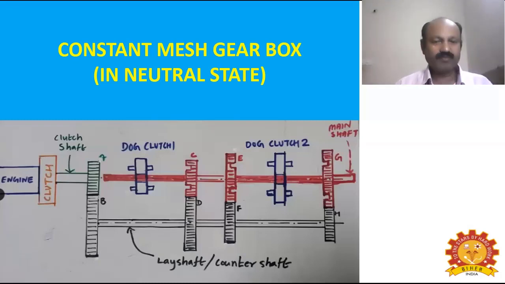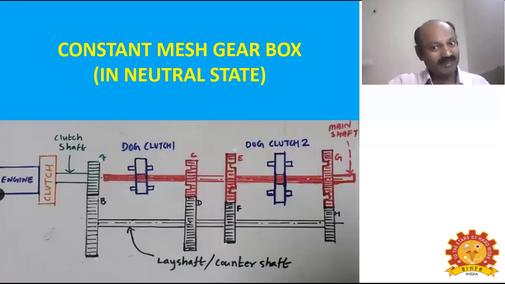Okay, students, listen. Now, what is the basic difference between a constant mesh gearbox and a sliding mesh gearbox? I will just outline it again. See here, in a constant mesh gearbox, all the gears on the main shaft are permanently in mesh with the gears on the lay shaft, but still power is not transmitted because these main shaft gears are simply rolling over the main shaft.